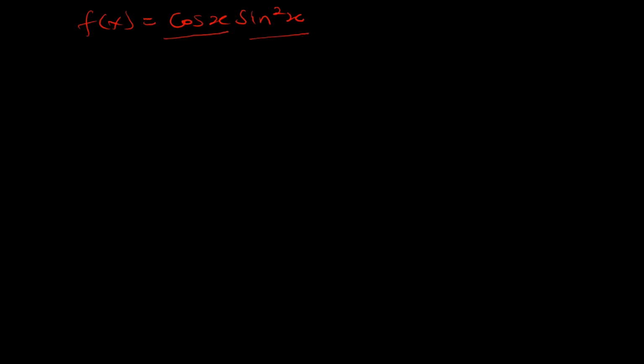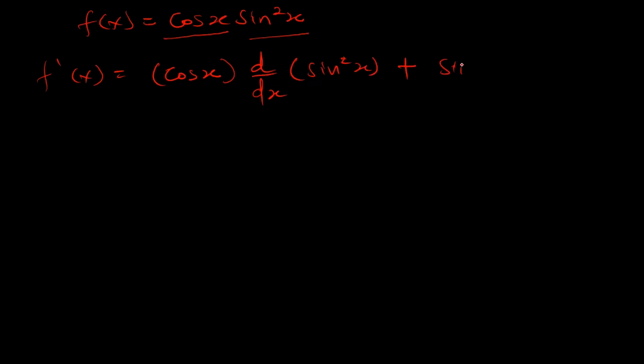So it's a product. By definition, f prime of x is going to be, we will hold cos x, then we differentiate sine squared x. So cos x times d over dx of sine squared x, plus sine squared x times d over dx of cos x.